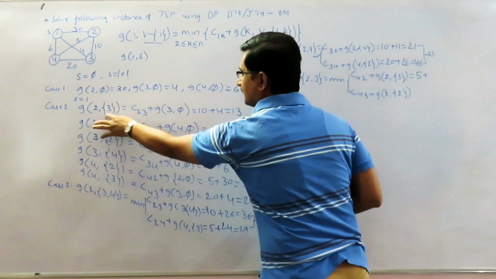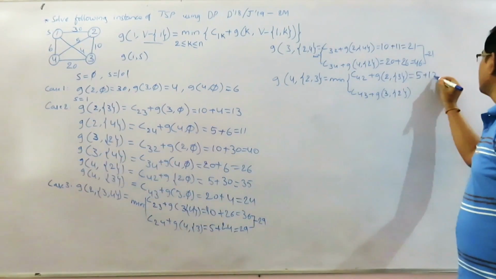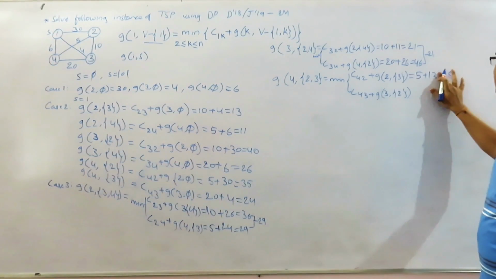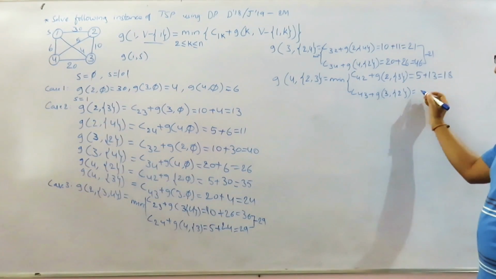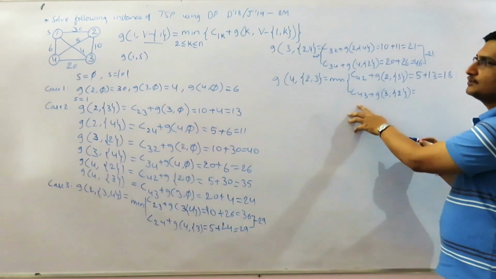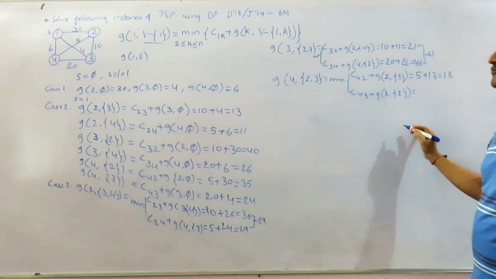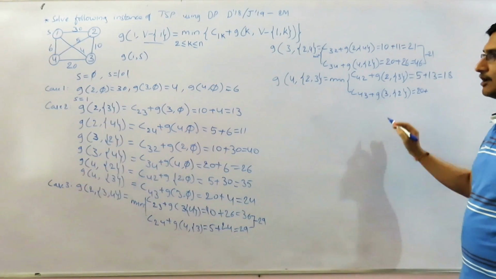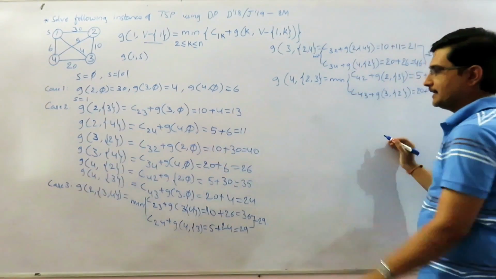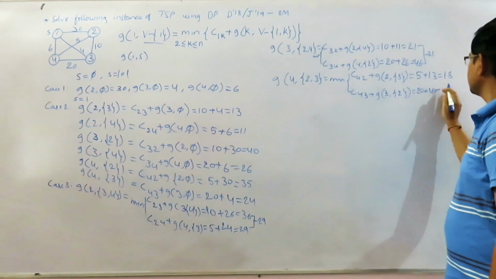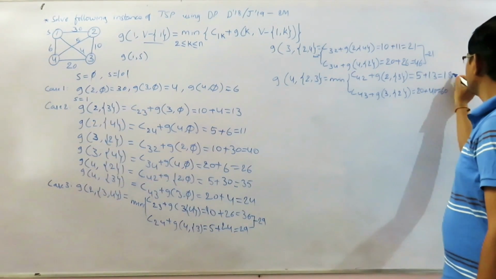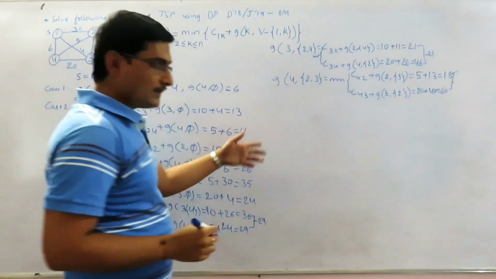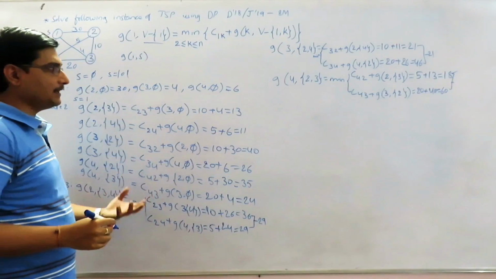G of 2, 3 is 13. 13 plus 5 is 18. Similarly, 4 to 3 is 20 plus G of 3, 2. G of 3, 2 is 40. 40 plus 20 is 60. Out of these two, 18 is the minimum. So now we need to expand this set by 3.